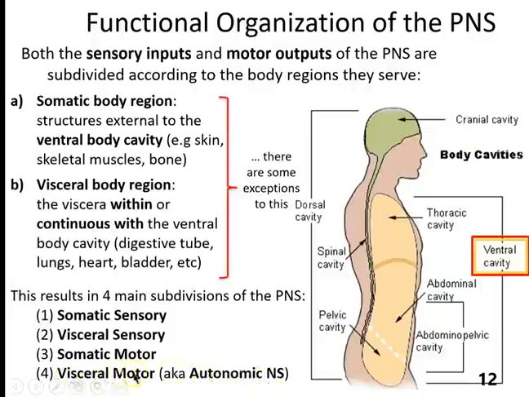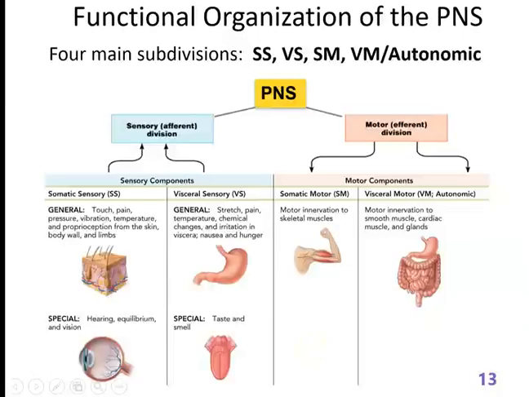And the visceral motor nervous system is unique and very distinct, and we will spend a whole lecture on it later in this unit. So these are the major divisions of the peripheral nervous system: the somatic sensory, visceral sensory, somatic motor, and visceral motor. And these are descriptions of them.